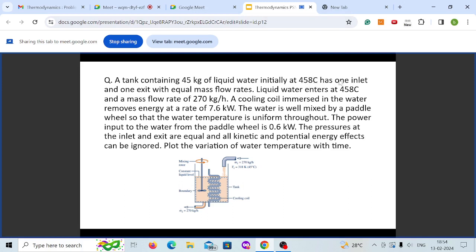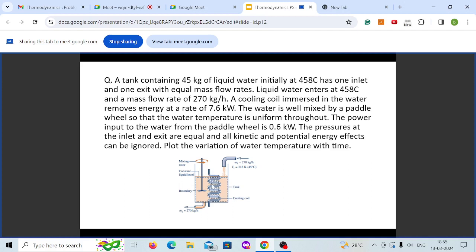It has one inlet and one exit with equal mass flow rates. So the mass flow rate coming in is also going out. The liquid water enters at 45 degrees Celsius at a mass flow rate of 270 kg per hour. A cooling coil is immersed in the water, which removes energy at a rate of 7.6 kilowatts. The water is well mixed.